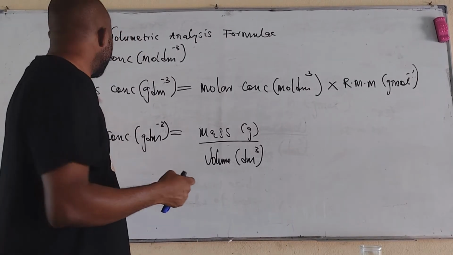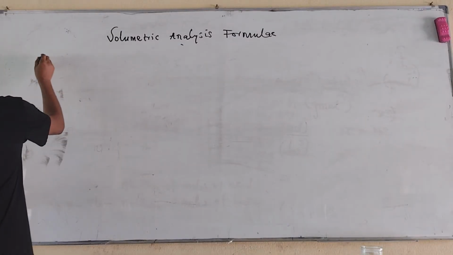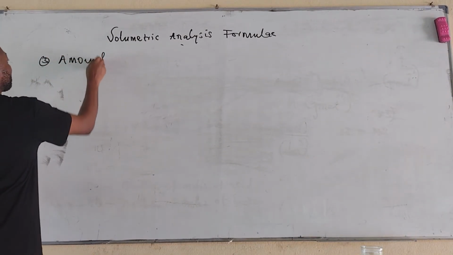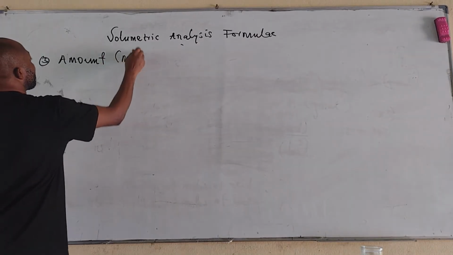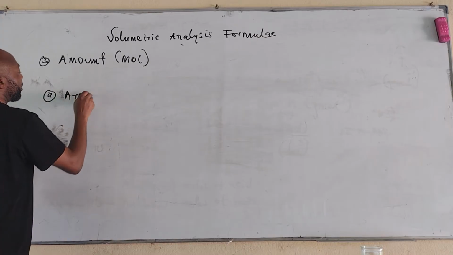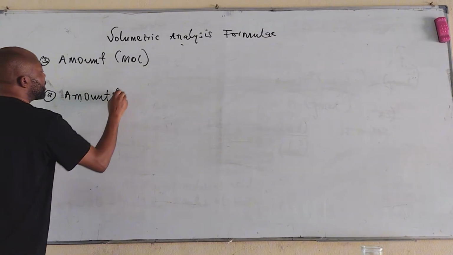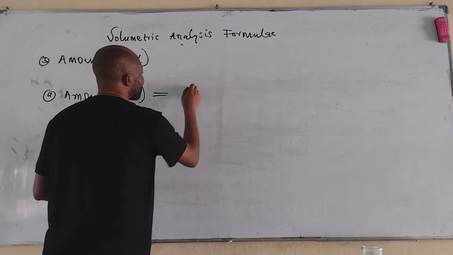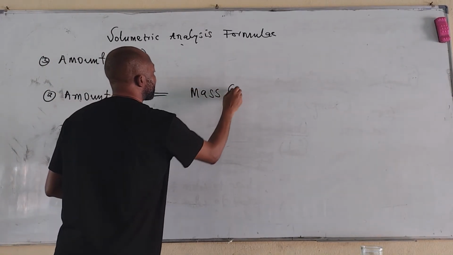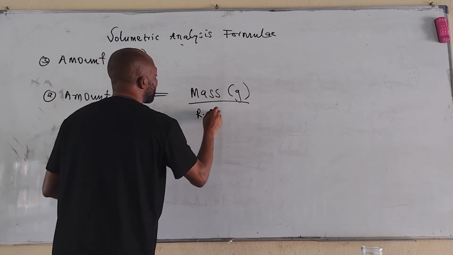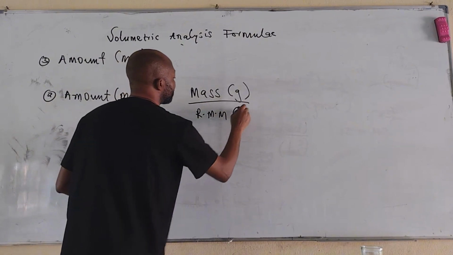So this is it. Let's see. I think this is 3 for amount in mole. A, amount in mole is mass in gram over relative molecular mass in g per mole.